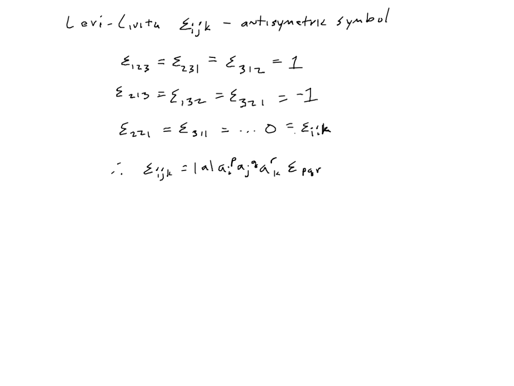It also is useful for cross products, because you can write A cross B equals C in terms of tensors by using this thing: Ci equals epsilon ijk aj bk. So this is a very useful thing, because you could use it to define determinants and cross products.